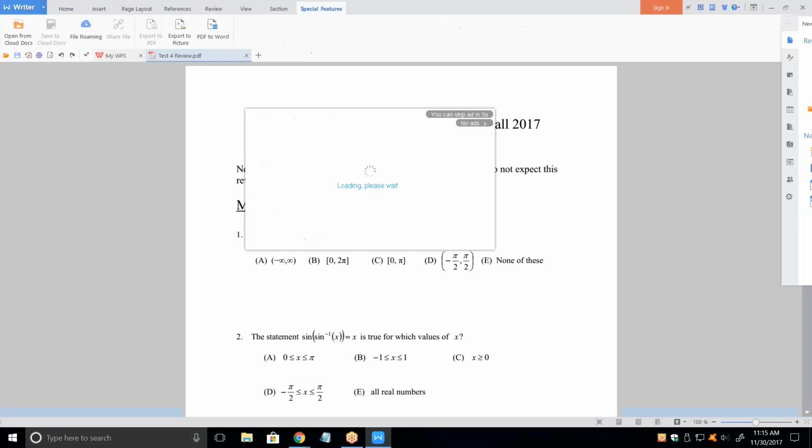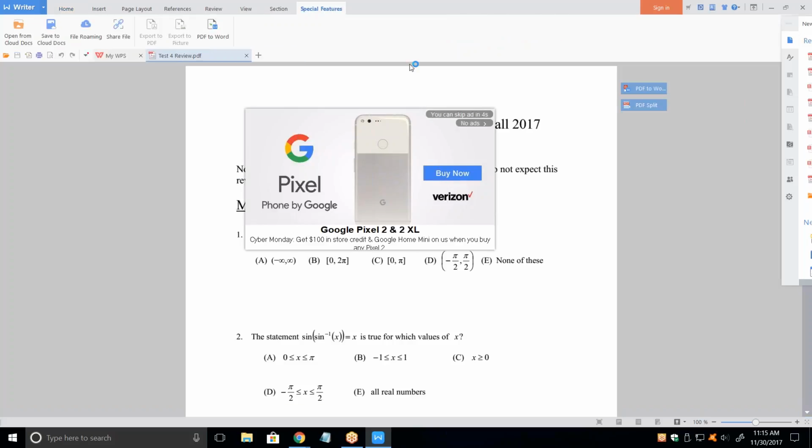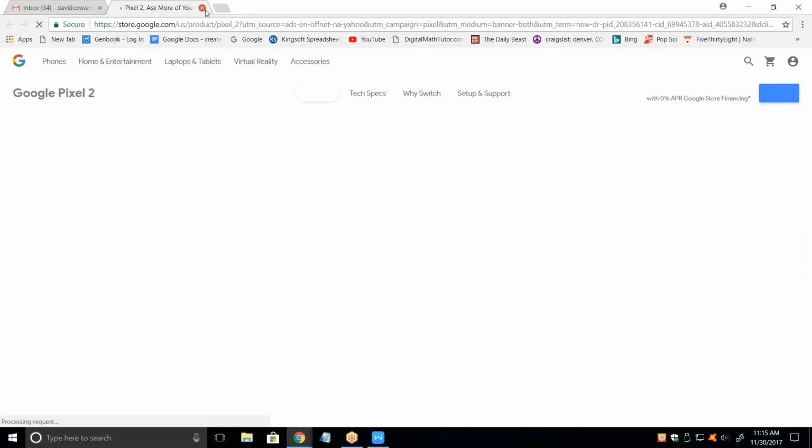It's a Microsoft Office clone that makes me put up with ads, but better than paying $500 for Microsoft Office.